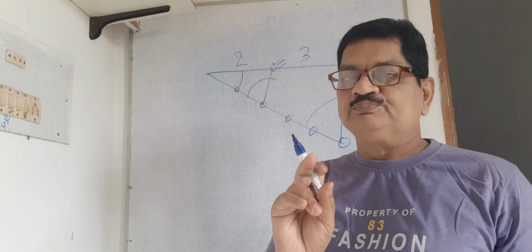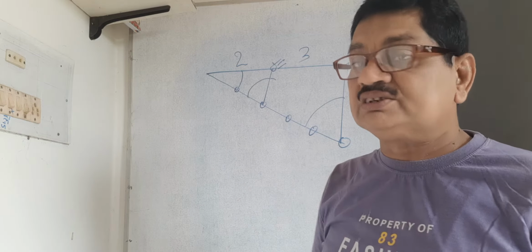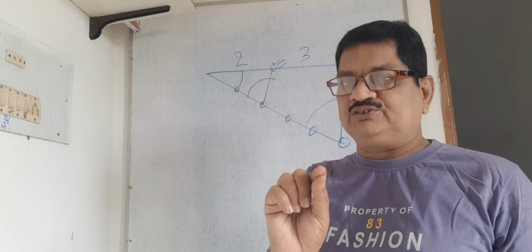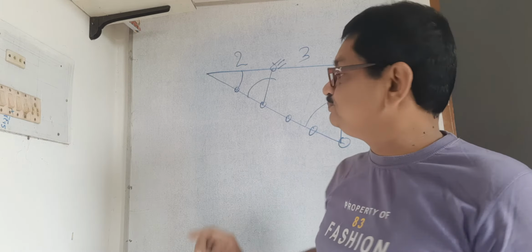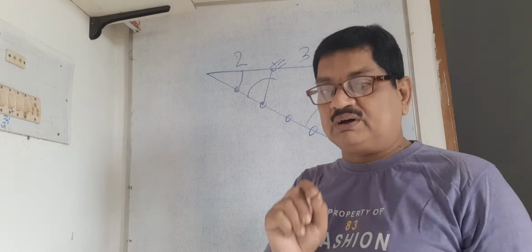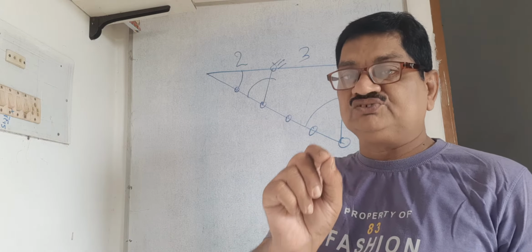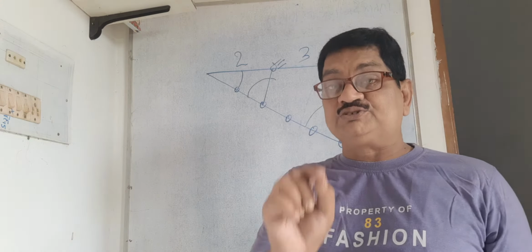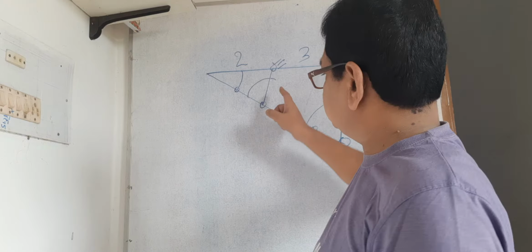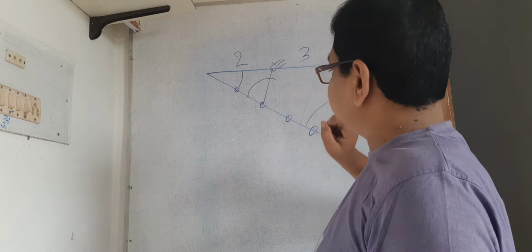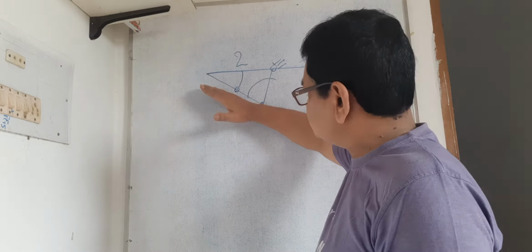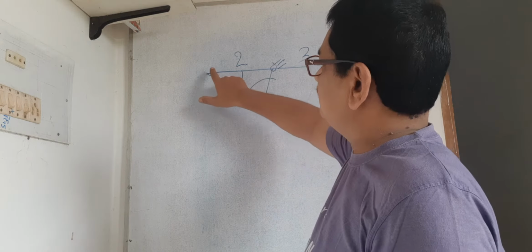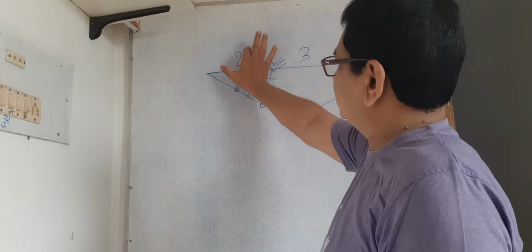But how can we be certain about this point? Actually, we know that if a line is drawn parallel to a given side of a triangle, the rest two sides are divided proportionally. Since we have drawn this line parallel to this, the ratio 2 and 3 will become the ratio of these sections.